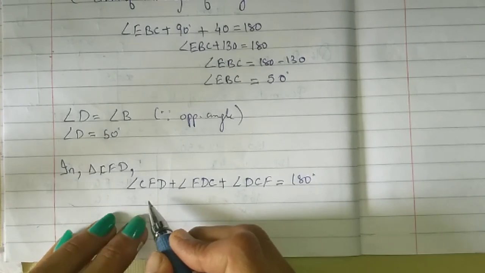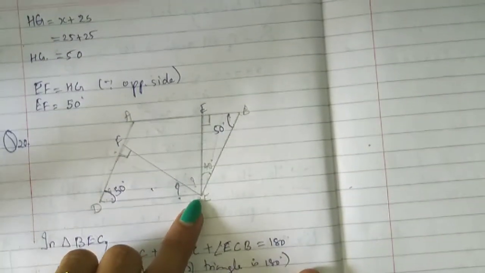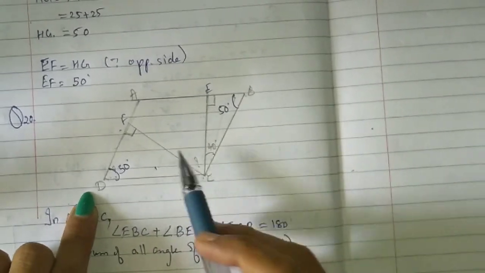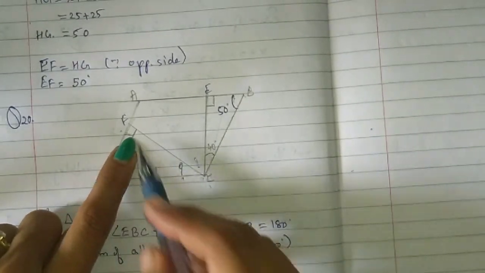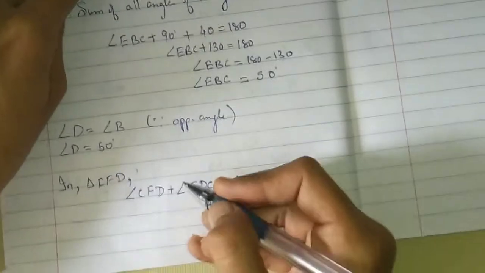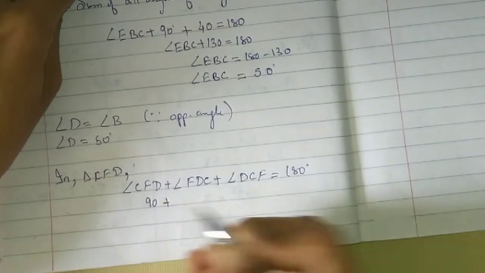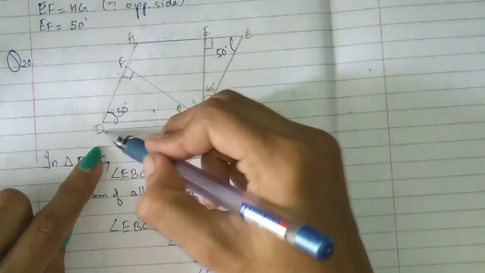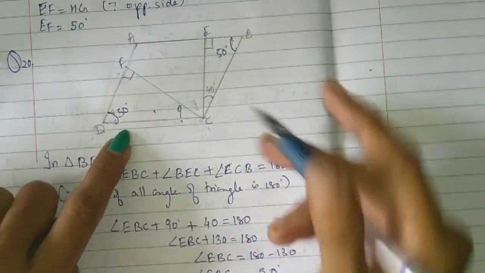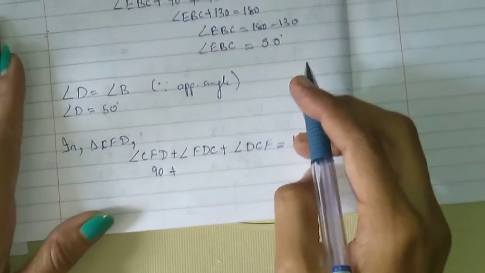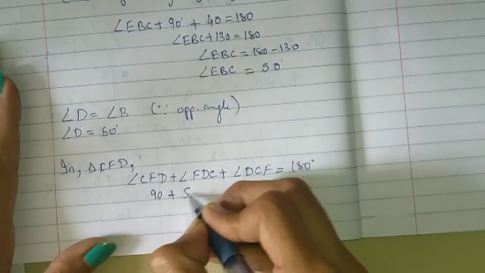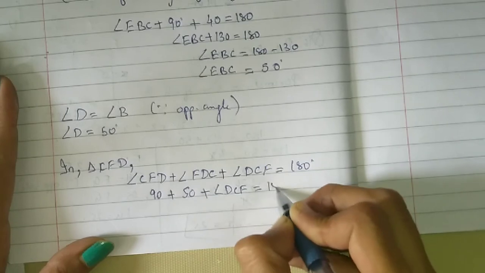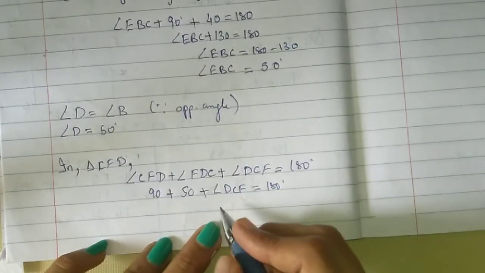CFD is 90. So I am writing here 90 plus FDC 50, so FDC 50, plus DCF we have to find out. So 90 plus 50 is 140.